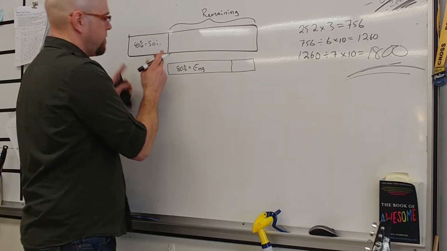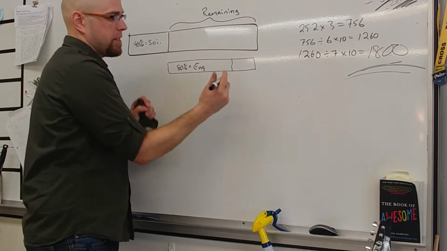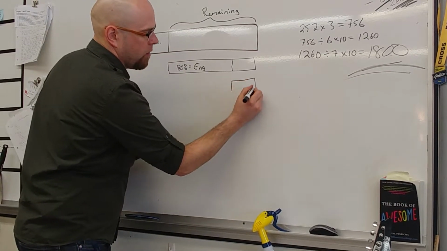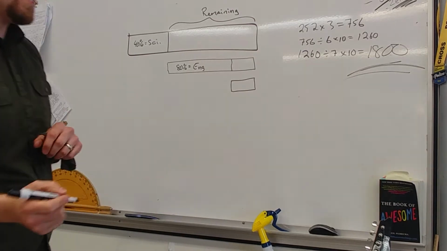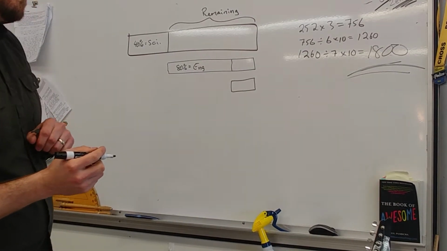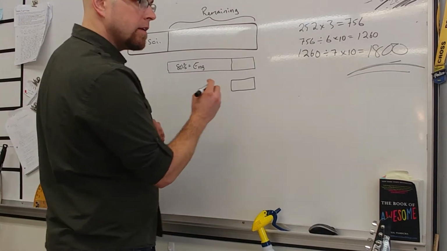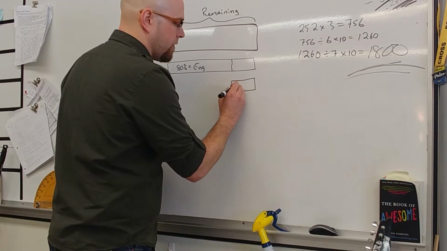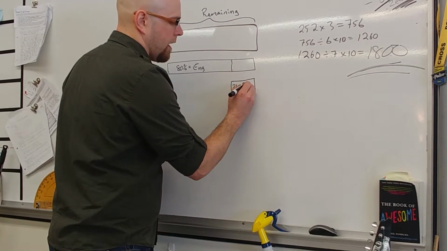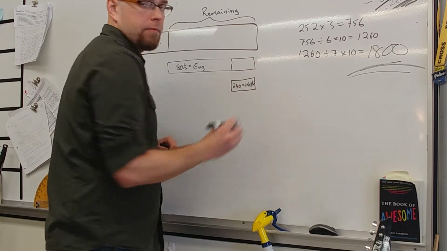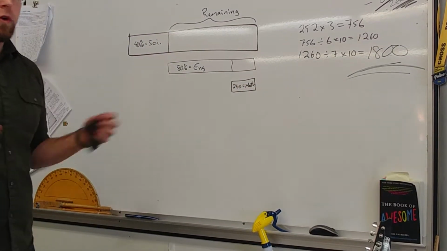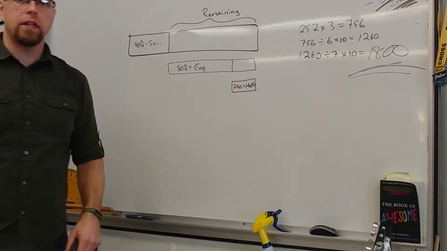So we've now accounted for 40%, and 80% of those that are remaining. We now have this small group of books left, and it says that of the small group remaining, there are 240 of them, and those are math books. The question is, how many books are there in the library?